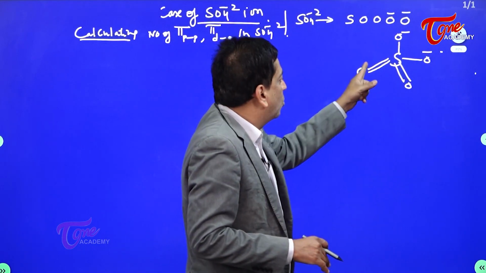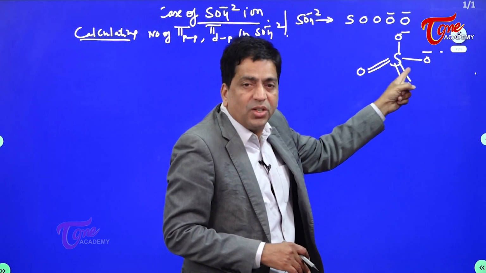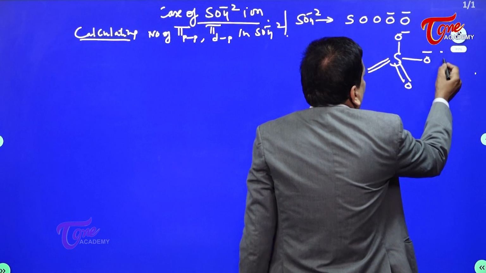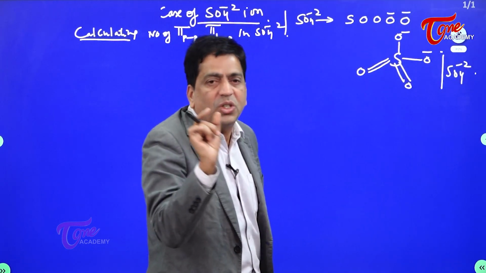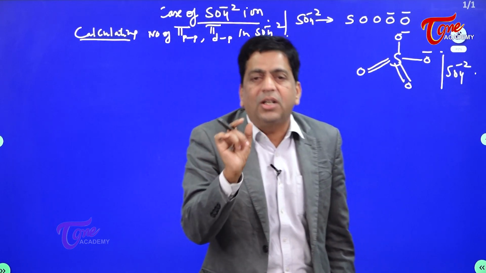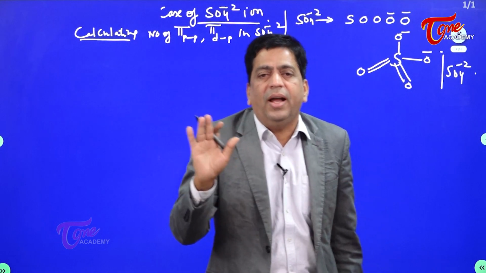Notice, there are 2 pi bonds and the other 2 are what? Oxygen atoms bearing minus charge. So this is basically giving you the sulfate ion. So understand that the negative charge is basically on oxygen and not sulfur.